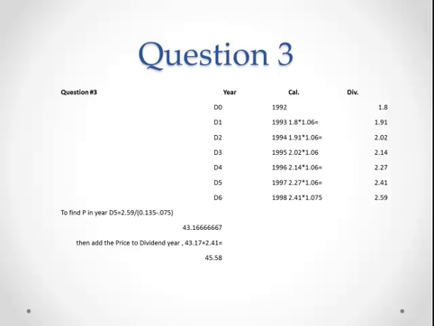Now to find the price in year 1992, we take the dividends from D5, which is 2.59, and divide it by the expected rate of return, which is 13.5%, minus the growth rate of 7.5%. This equals 43.17. Add this to our dividends for 1992, and we get $45.58 for the current value.